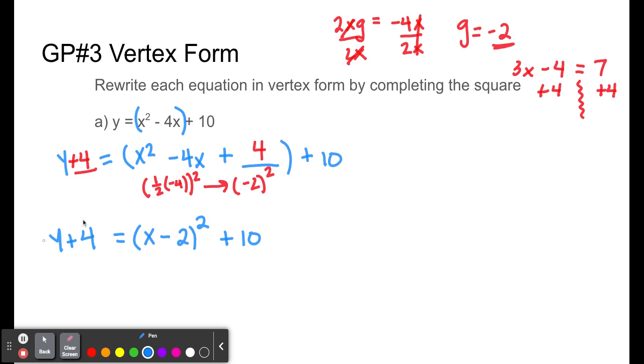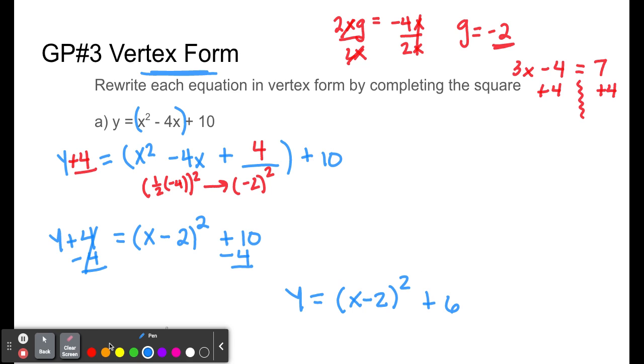And this is starting to look an awful lot like vertex form, which is our whole goal here. So now, in order for us to have vertex form, we're going to go ahead and get y by itself. We're going to subtract 4 on both sides. And that's going to give us an equation of y equals x minus 2 squared plus 6. And that is how we rewrite in vertex form by completing the square.